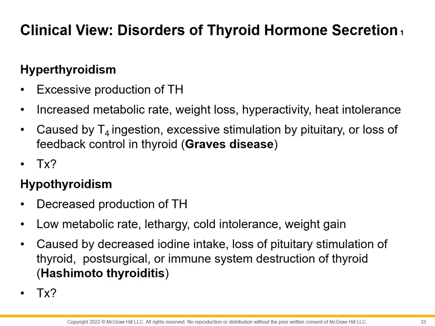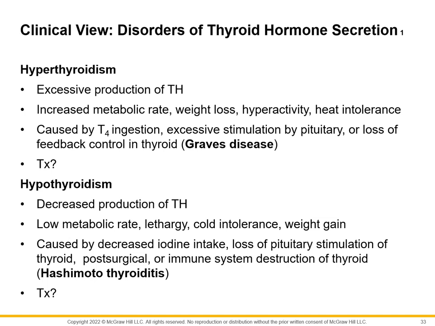So there are a number of different thyroid disorders, just like there are lots of other disorders for other endocrine organs. A few of the main ones are hyperthyroidism and hypothyroidism, simply meaning excess production or insufficient production. An easy way to think about this is to think about what thyroid hormone normally does.